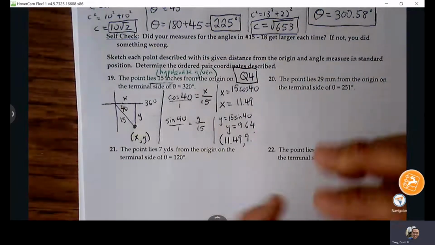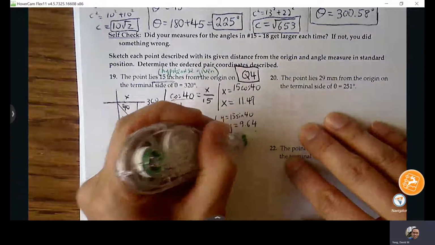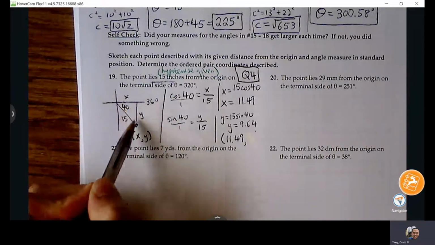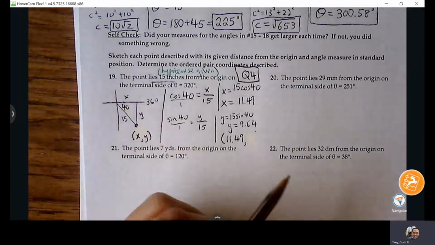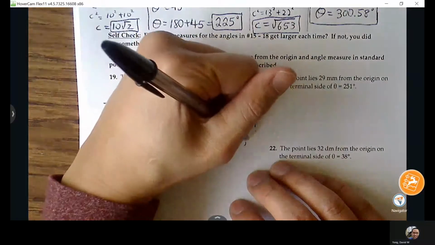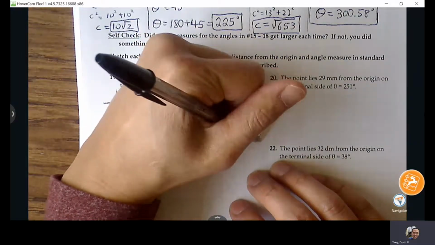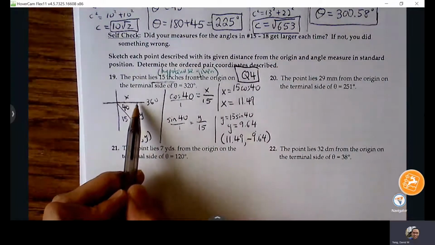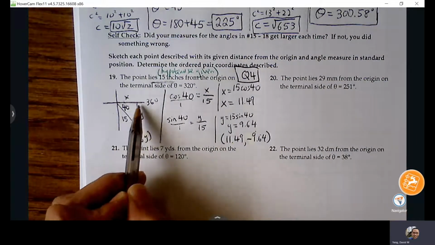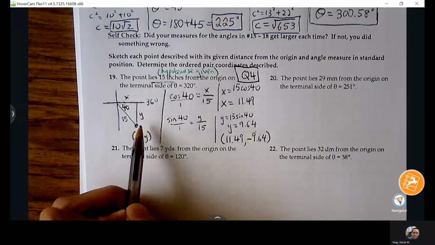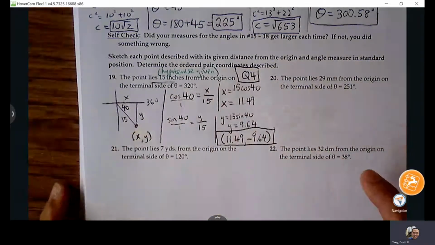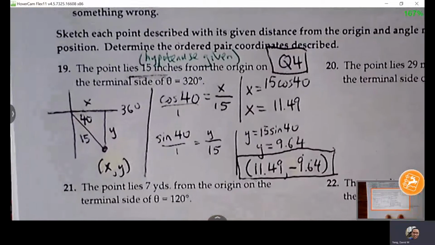So that y value needs to be adjusted. So even though we're getting all these positive values, we need to adjust on our own what the positive and negative values are. Right, I need to go 11 units over and 9 units down, so positive 11, negative 9. Okay, any questions with 19?